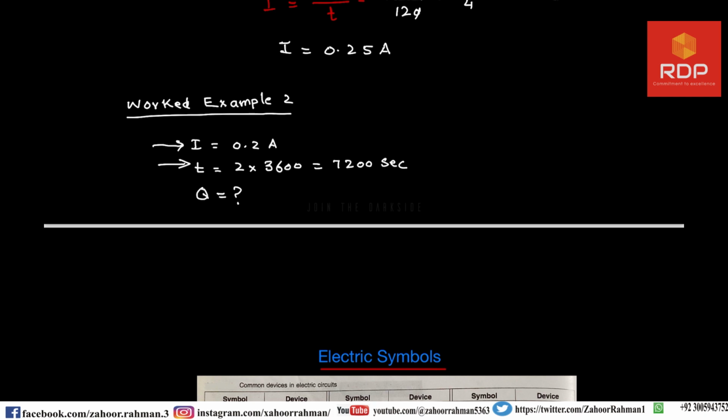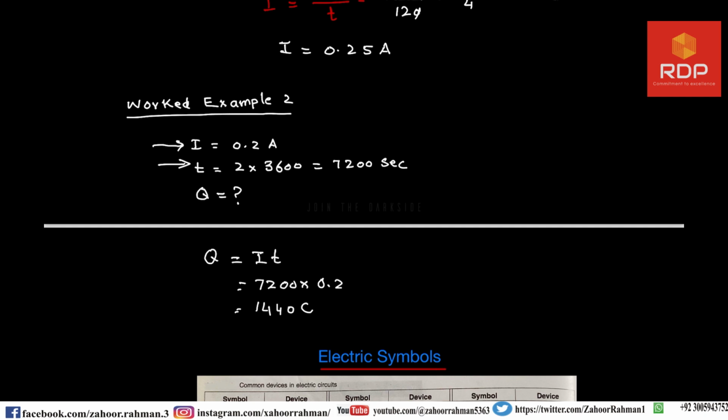Now again I am writing that Q is equal to I times T. Simply we have to insert the values, 7200 and I is 0.2, and as a result we will get 1440 coulombs, because the unit of charge in the SI system is coulomb.